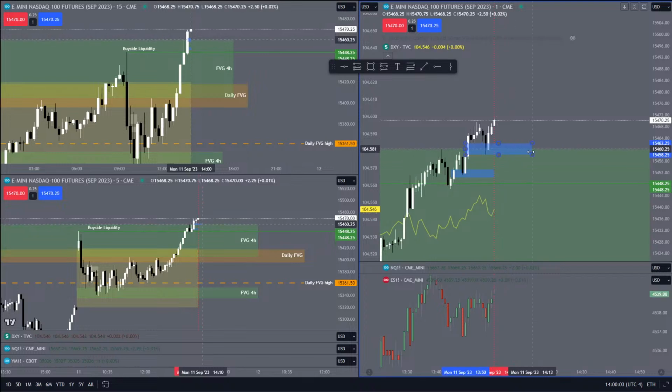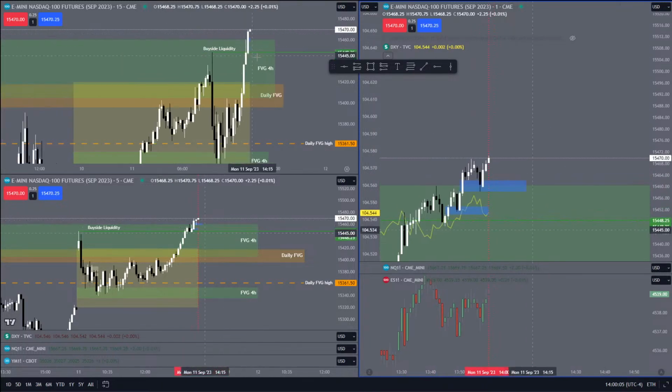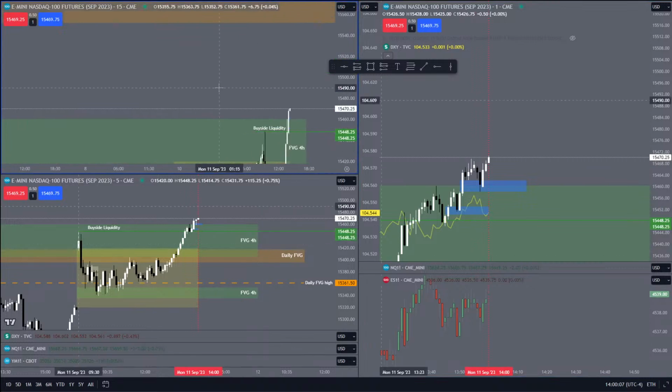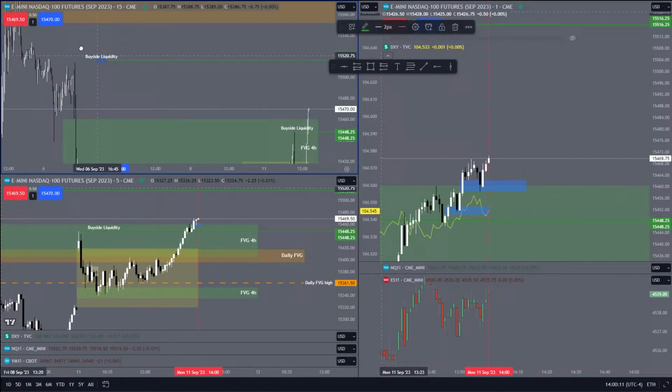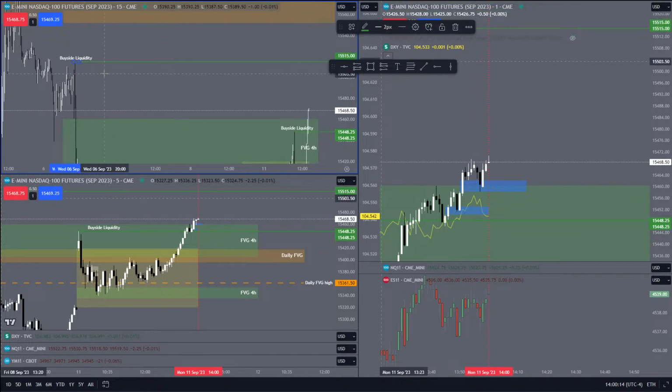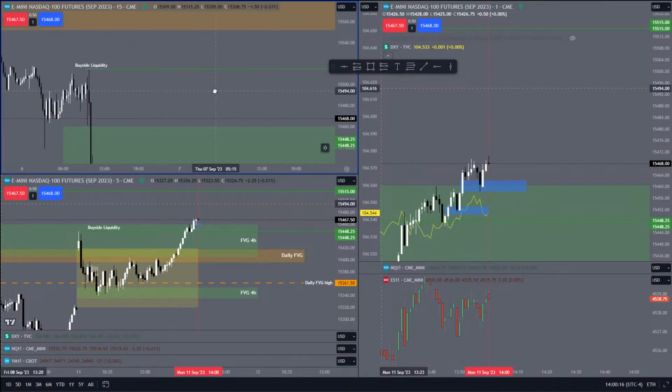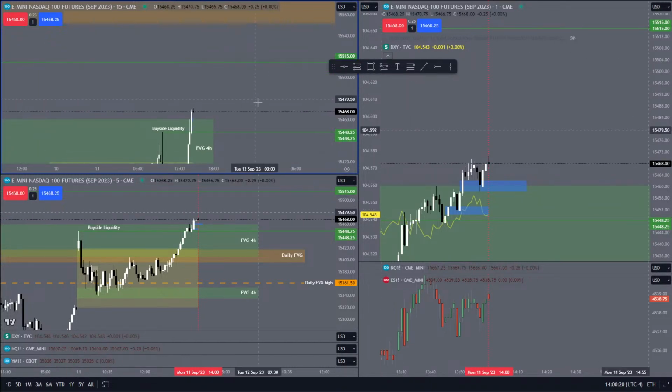Okay, so we're entering the silver bullet time window. As for liquidity, that's really our next buy side. Probably that wick. If it gets closer, I'll measure out that wick.